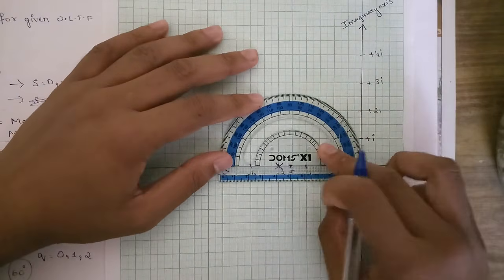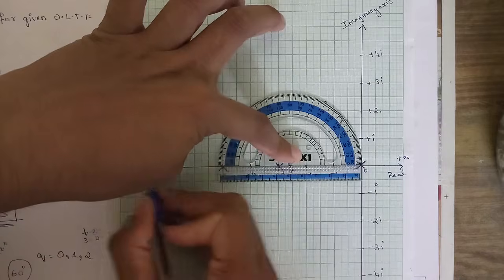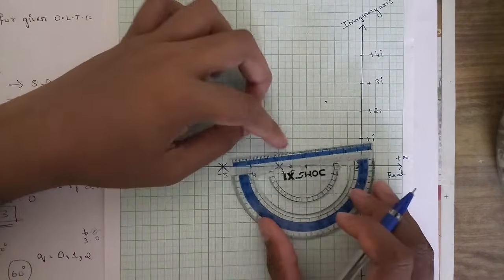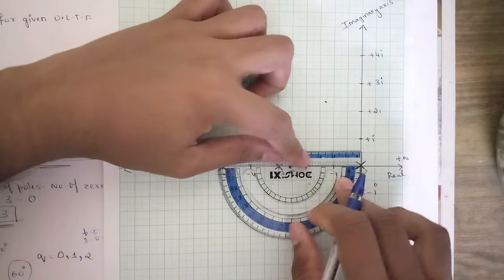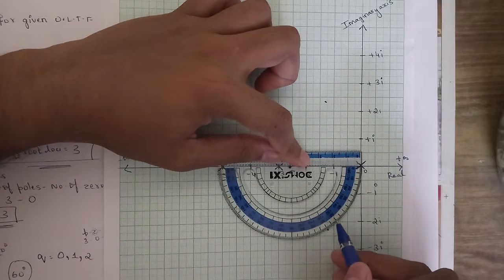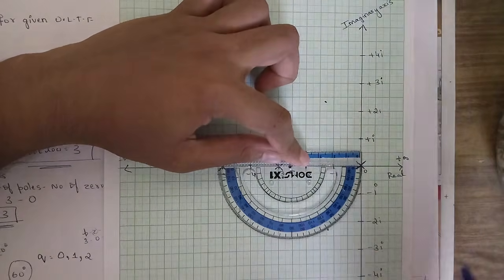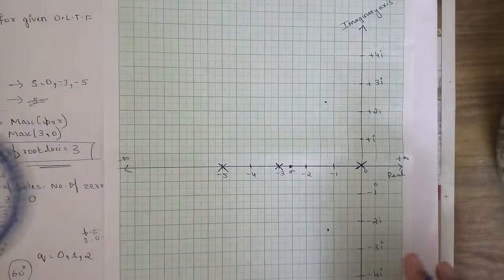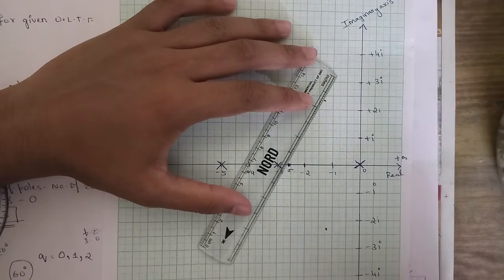Mark one as 60, one as 180, and from below plot 300 degrees. If I mark 60 from this side, automatically this whole angle will be 300 degrees, since the whole angle is 360 degrees. Then we need to join the straight lines, which are called asymptotes.